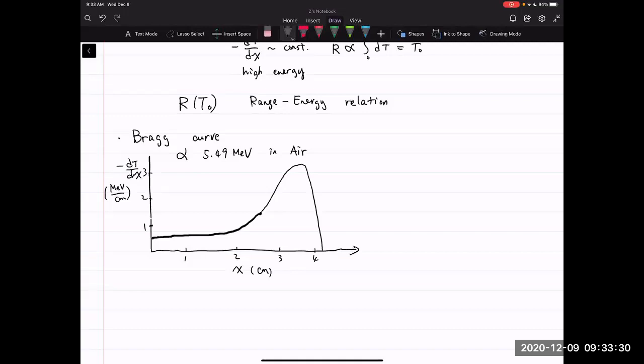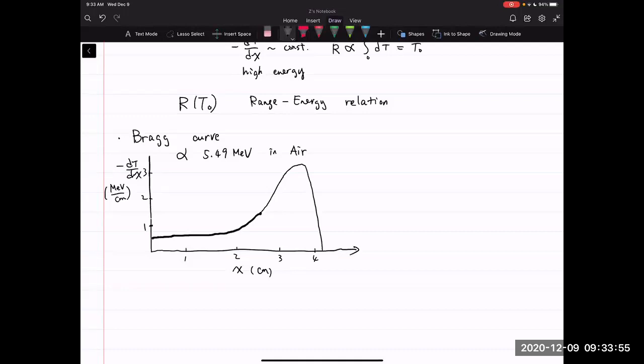Initially, you see the stopping power is actually pretty small, even though the kinetic energy of the charged particle is high. If you recall, why is that? Because the stopping power is inversely proportional to kinetic energy.